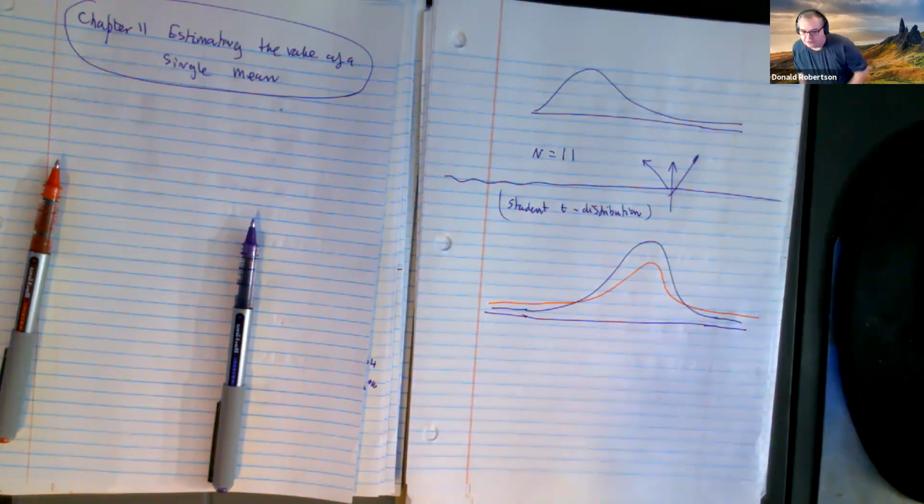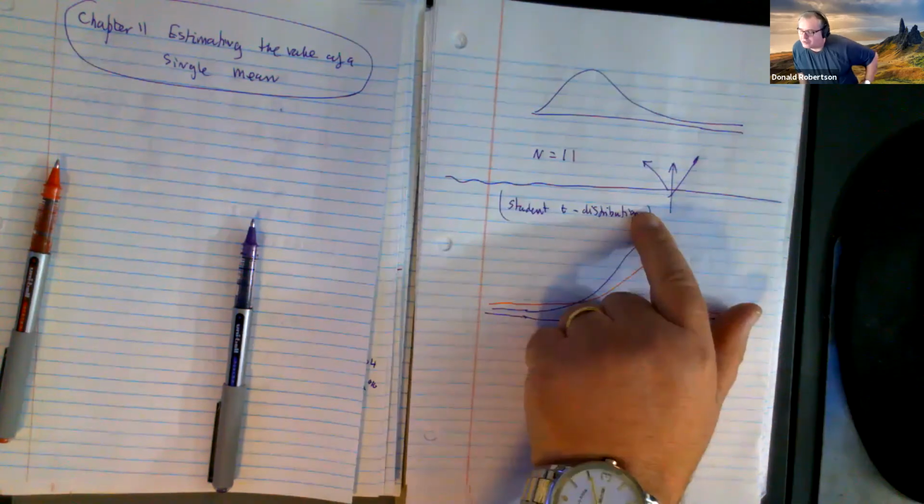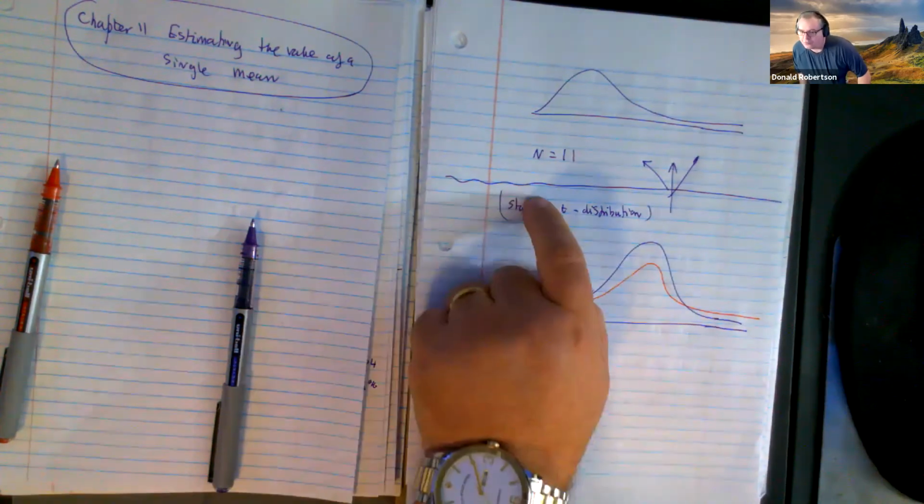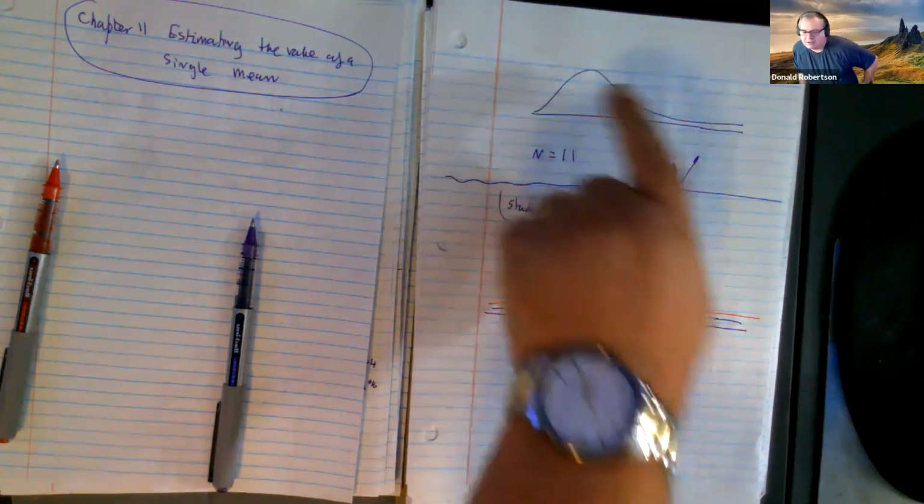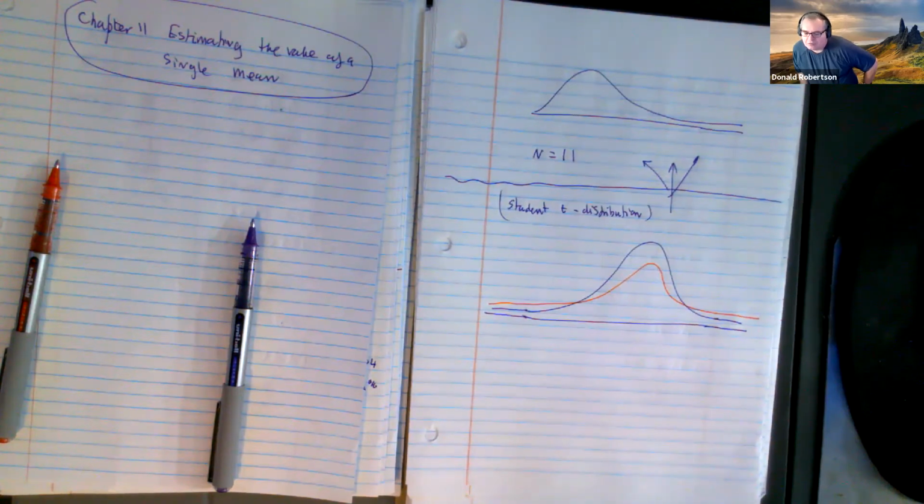So he came up with this new distribution that works really well for very small samples or very skewed data. He wasn't allowed to publish with his own name because Guinness said this is proprietary information. We're using this to save money. We don't want the other brewers to know about it because then they'll save money as well.